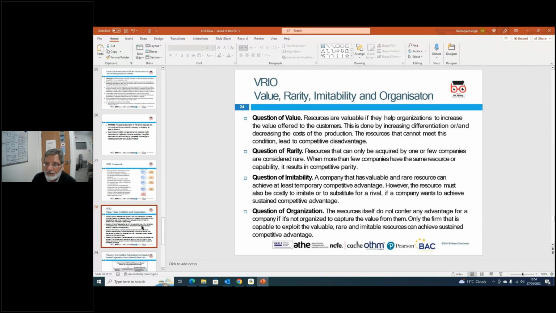So you can look at this VRIO model in terms of products, their value, their imitability, and in terms of the organization's resources, capability, behavior, situation, and how competitive they are. Okay, so you can use this.